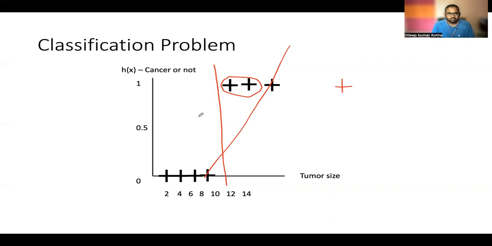And one more thing is our hypothesis. So we need to transform our hypothesis by taking the hypothesis we already have in linear regression, and we need to make sure its value lies between 0 and 1 so that we can tell the person has cancer or not, or if it belongs to one of the two classes. If the hypothesis value is greater than 0.5 or less than 0.5.